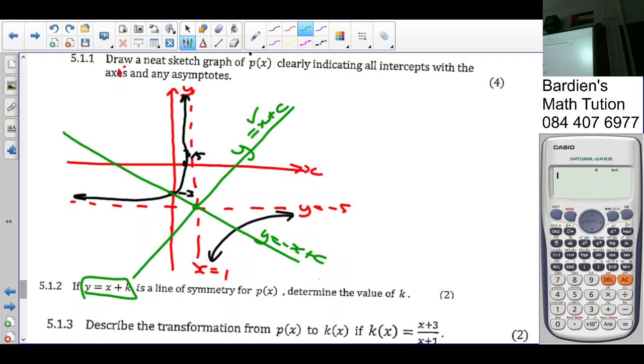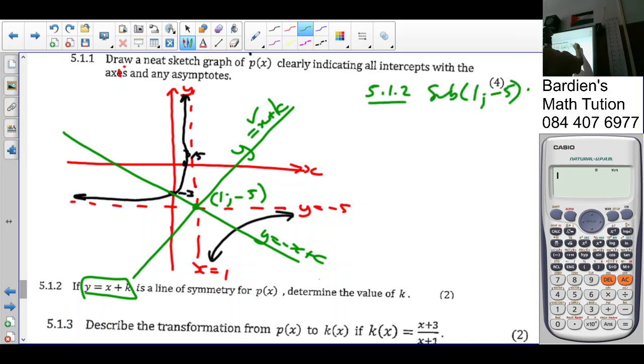So how do I solve for k? There's actually now a k, and obviously I substitute the point that the symmetry line is going through, which is 1 and negative 5. We will substitute 1 and negative 5 into P of x.